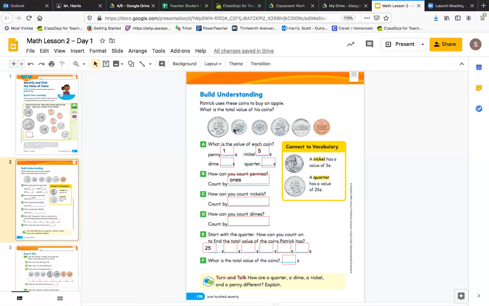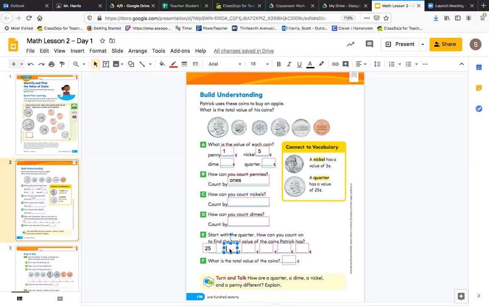It's worth 10. So 25 I have, and then I have to go 10 more. 25 plus 10. I'm going to use my fingers to make it easy. 25 plus 10. 26, 27, 28, 29, 30, 31, 32, 33, 34, 35. I added all 10 fingers. So 25 plus 10 is 35. That's my next dime.